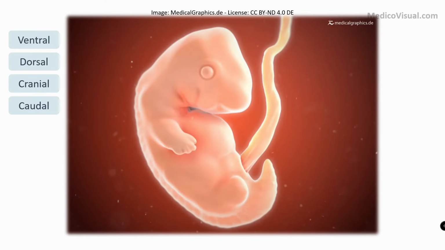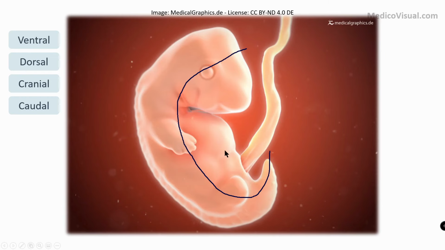Then there are a few terms that are related to this embryology, right? Let's suppose we divide this embryo into front and back parts, right? Anything that we equally divide into two parts.